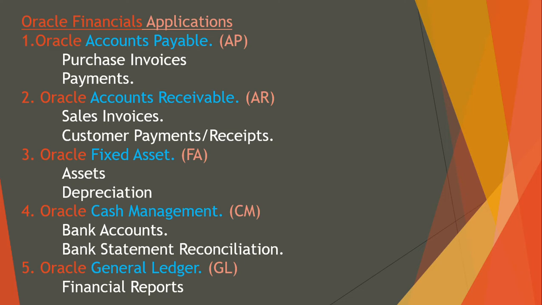So under purchase invoices, you'll find we have supplier details. We'll have the supplier contact. We'll have the amount of money that we owe those suppliers, and due dates. Due dates are very important.